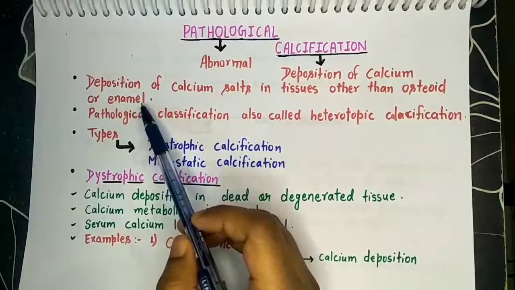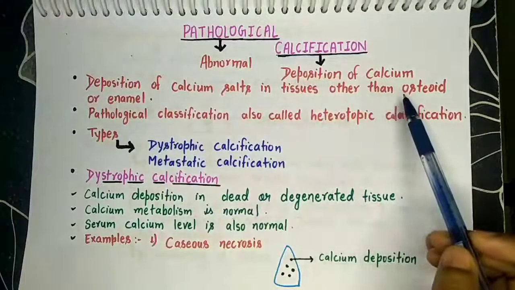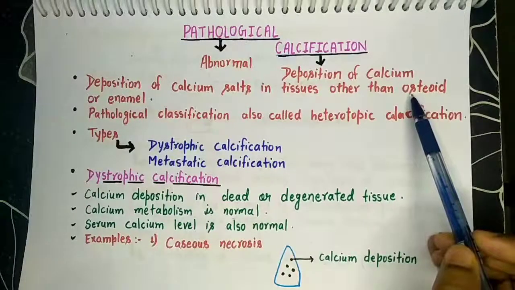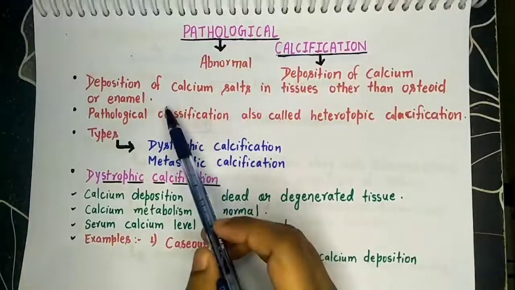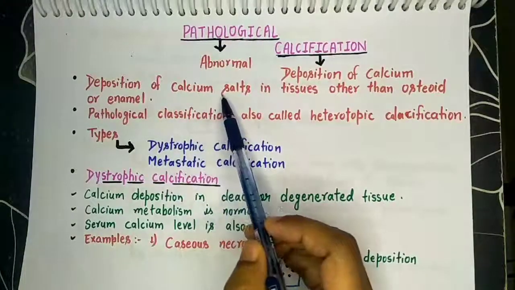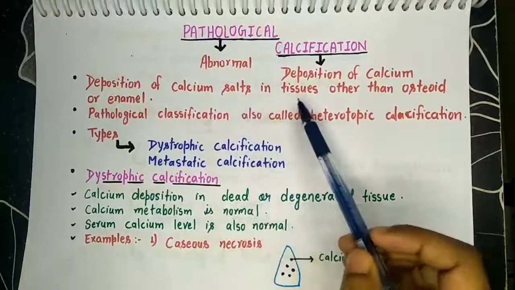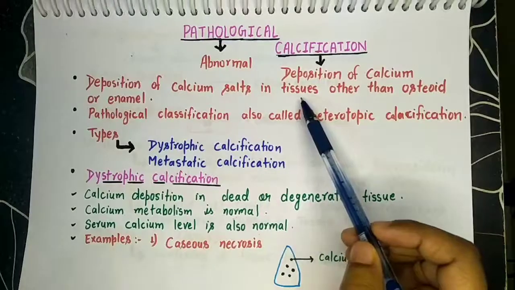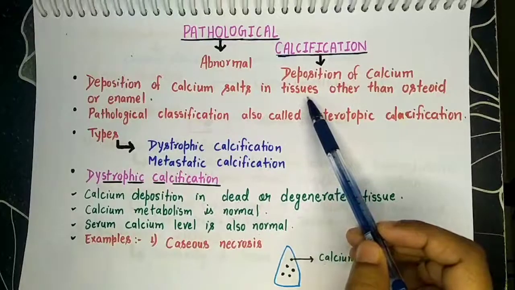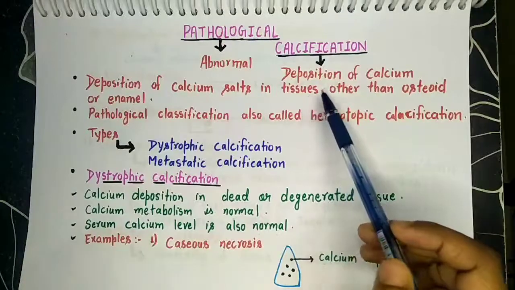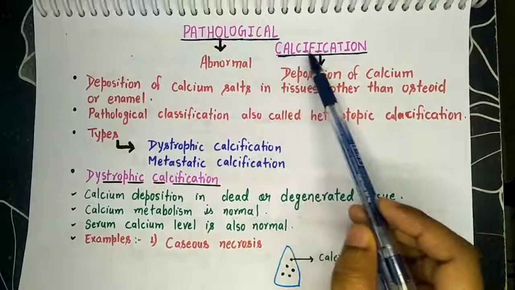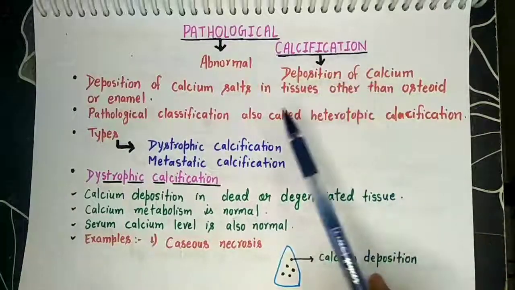That means normally there is physiological calcification in case of bone and enamel, but if calcium salt is deposited in other parts of our body, in other tissues of the organs of our body, then that will be called pathological calcification.